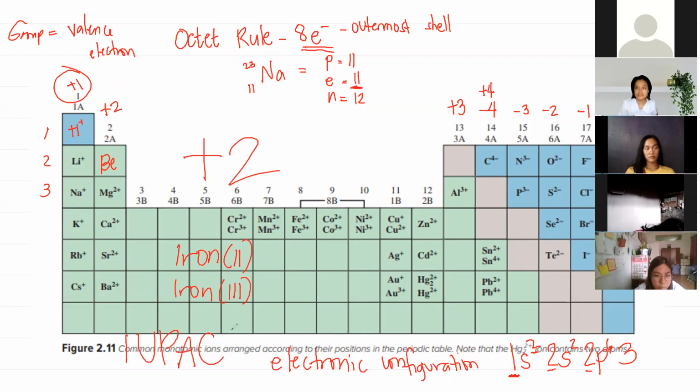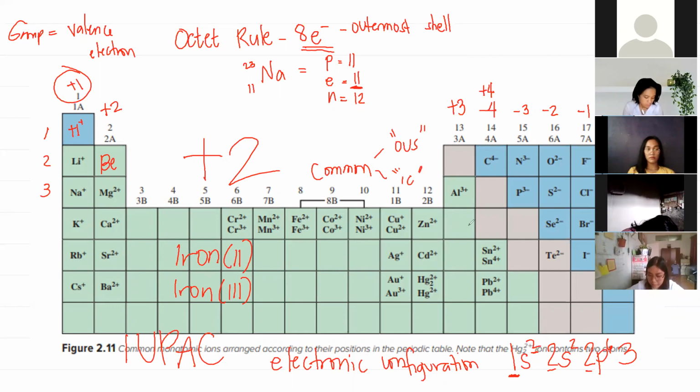They make the rules and guidelines for naming and writing chemical formulas. So for elements with multiple charges, we write the charge after the name inside parentheses. But for common names, we use the endings OUS and IC.